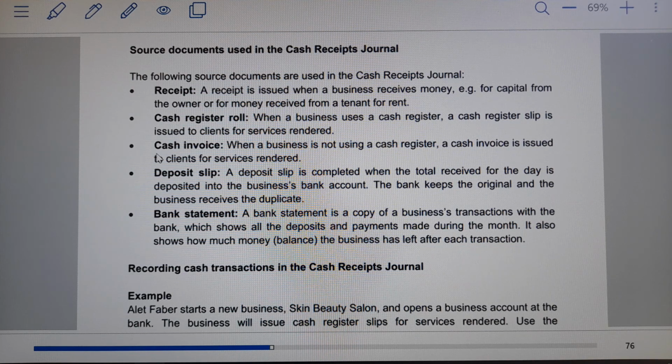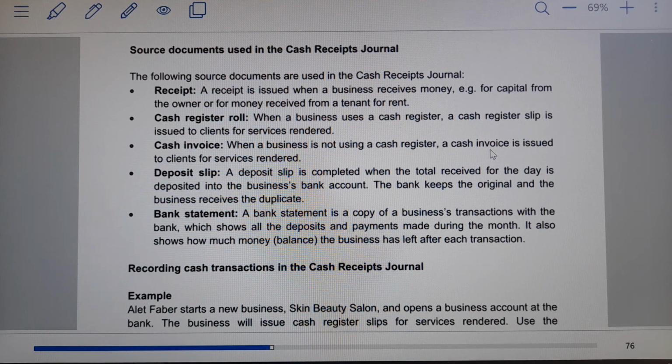So if a cash register slip is issued, you know that it is the cash register roll, the document. Okay. And then we have a cash invoice. When a business is not issuing a cash register slip, a cash invoice is issued to clients for services rendered. So for services rendered, it can be a receipt, it can be a cash register slip, and it can be a cash invoice.